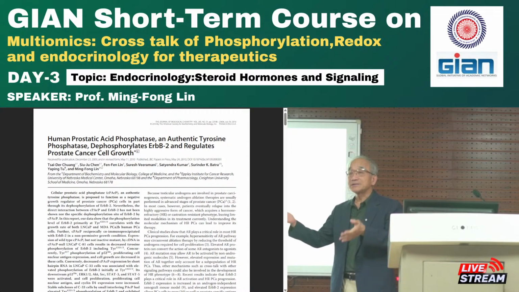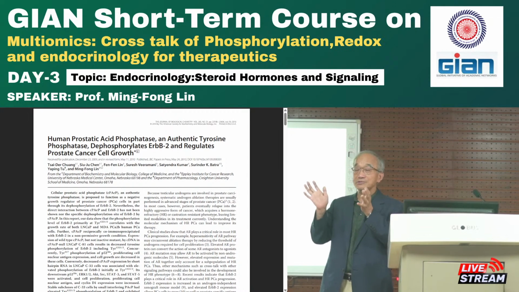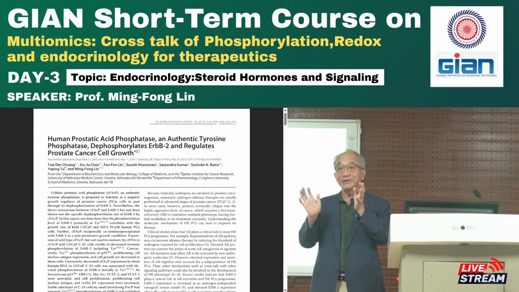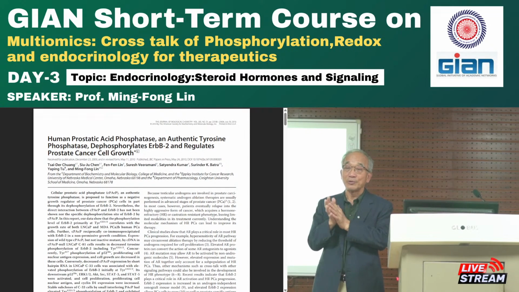Yeah, so the data shows ERB2 plays a critical role in the androgen stimulation in the advanced stage castration-resistant prostate cancer cells. So ERB2 targeting is important.